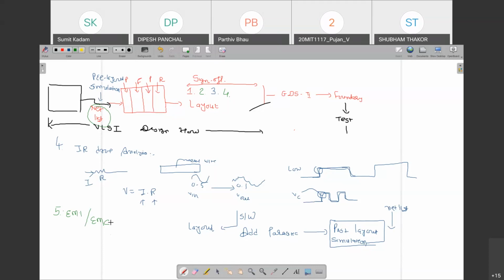So suppose you are working with this IC in space, where the radiation effect is very large. You have to design your layout and your circuit in such a way that there is no effect of radiation. It's called RHBD, radiation hardened by design.